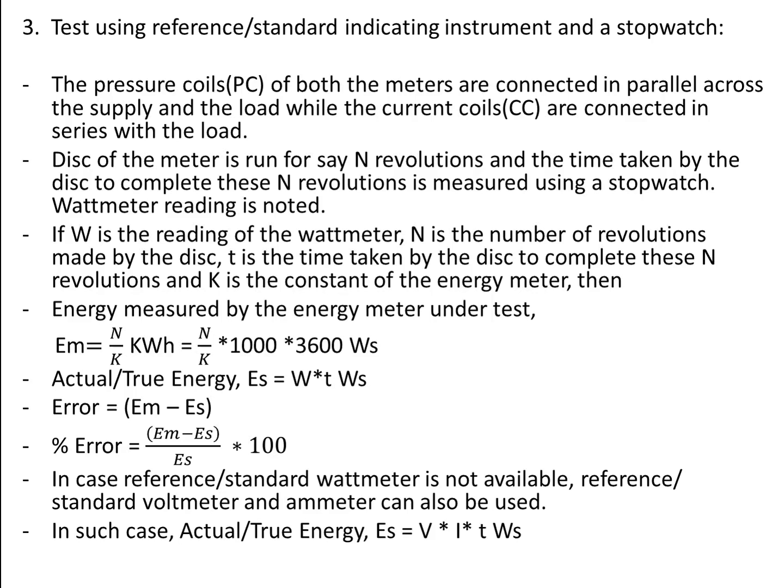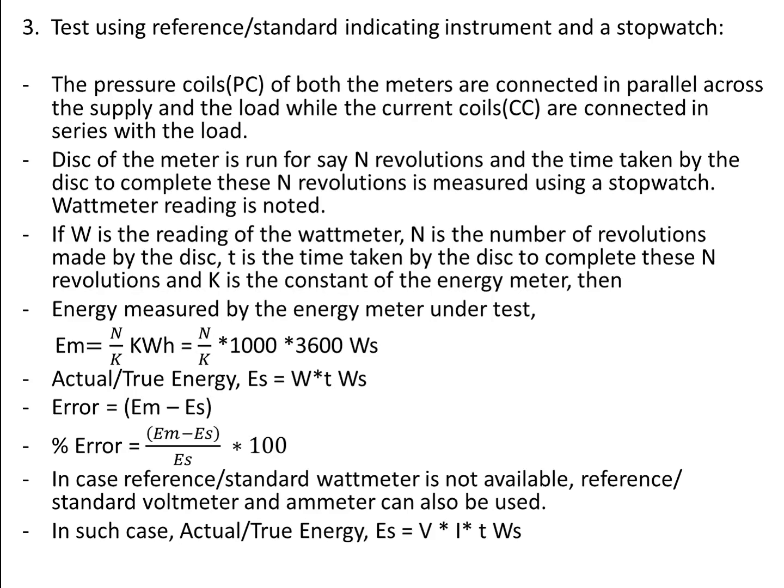Now we can use a wattmeter, or if you don't want to use wattmeter, you can use a combination of voltmeter and ammeter. But those instruments should be substandard or reference or standard meters.